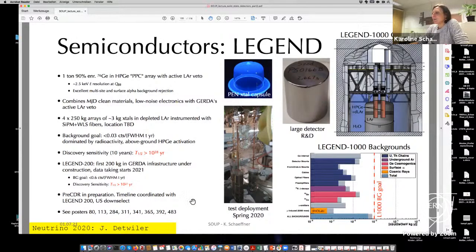It's not clear where LEGEND 1 ton would go, if this would really also go to Gran Sasso, or if this would go to SNOLAB. This depends a bit on the collaboration and also the funding. But the first step is now this 200 kilograms at Gran Sasso, which should still start data taking this year. So this is very exciting.